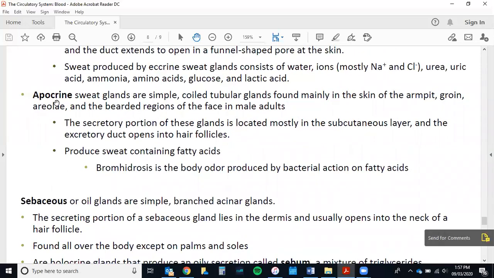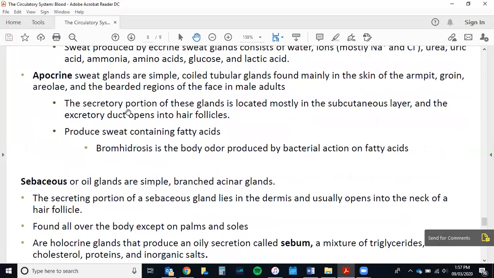Apocrine sweat glands are simple coiled tubular glands. We find them where it's hairy: armpits, groin, areola, and bearded regions of the face in male adults. The secretory portion of the gland is down in the subcutaneous layer. The excretory duct opens up, and the key here, once again, is that they open into the hair follicles.